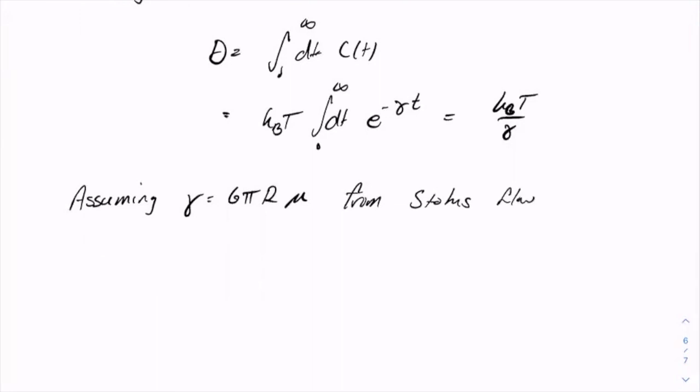That's solvable using a different sort of theory, Navier-Stokes hydrodynamics, finding the total frictional force acting on a sphere dragged through a fluid. If you put this together, you find that D is equal to kBT over 6 pi r mu. This is known as the Einstein relationship, or the Einstein-Stokes relationship.